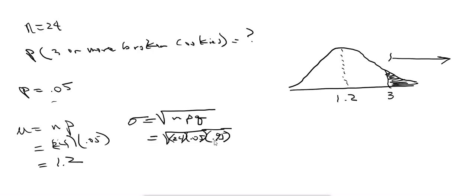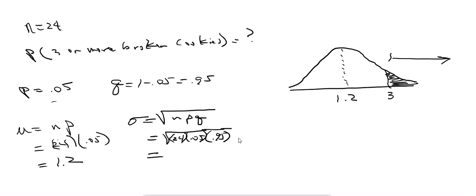Where did I get the 0.95? Remember that if p is 0.05, q is 1 minus 0.05, or 0.95. P and q are complements, so they have to add up to 1. That's why we do 1 minus one value to get the other one. So these two add up to 100%.